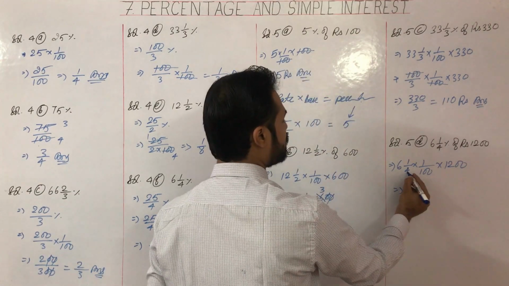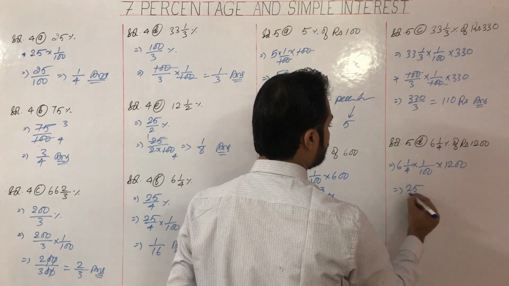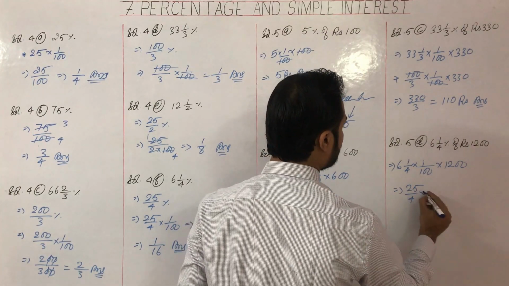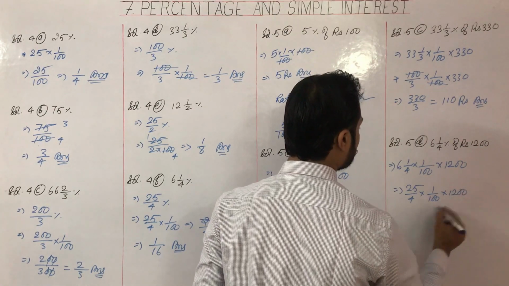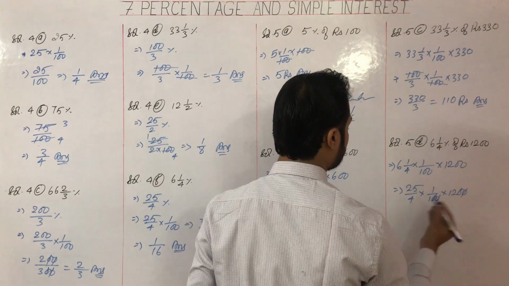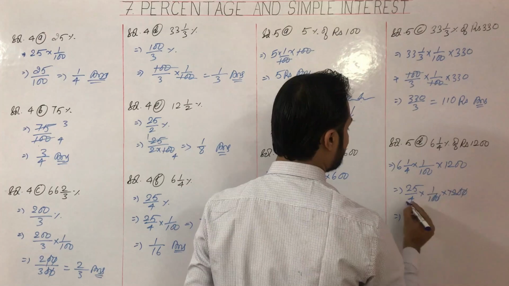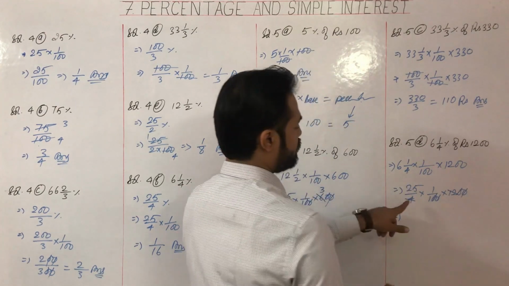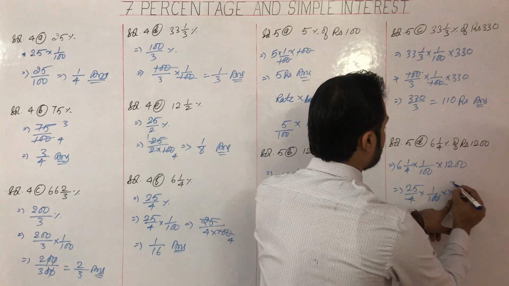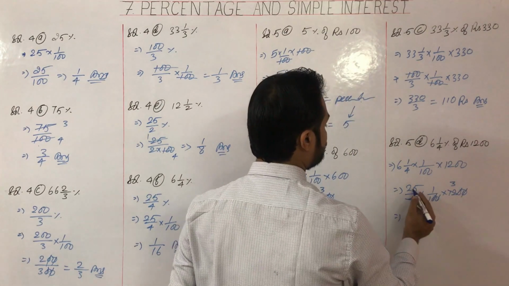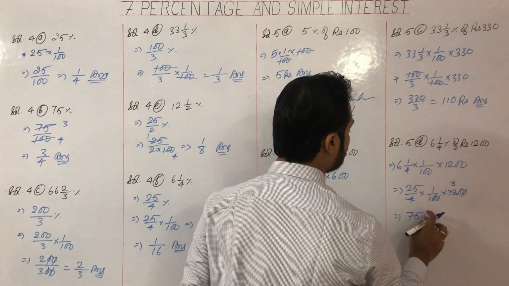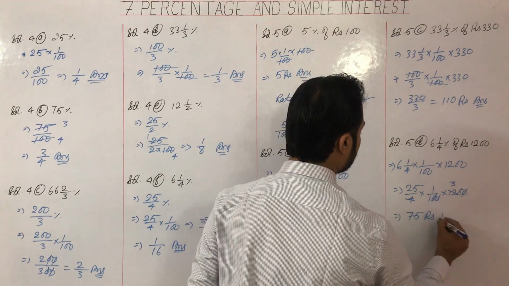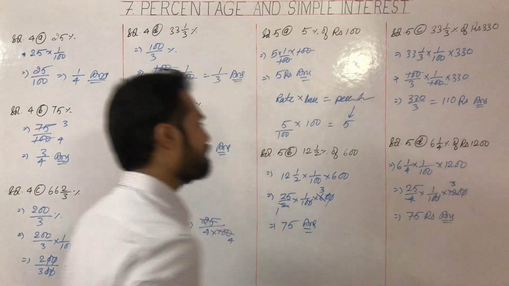So 6 into 4, 24 plus 1, 25 by 4 into 1 by 100 into 1200. Cancel the zeros, and 12 and 4. So 4 1s are 4, 4 3s are 12. 25 into 3, again 75 rupees is the answer.